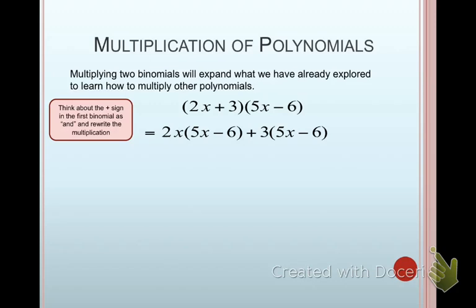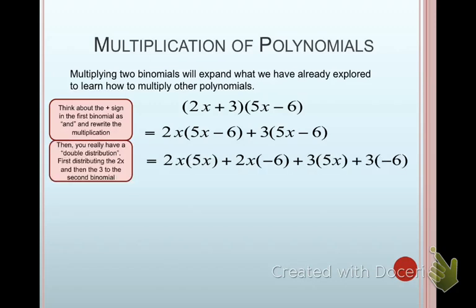So that means that the 2x belongs to the 5x minus 6, and the 3 belongs to the 5x minus 6. At that point, you can then distribute the 2x to the 5x minus 6 and the 3 to the 5x minus 6. I often refer to this as double distribution.